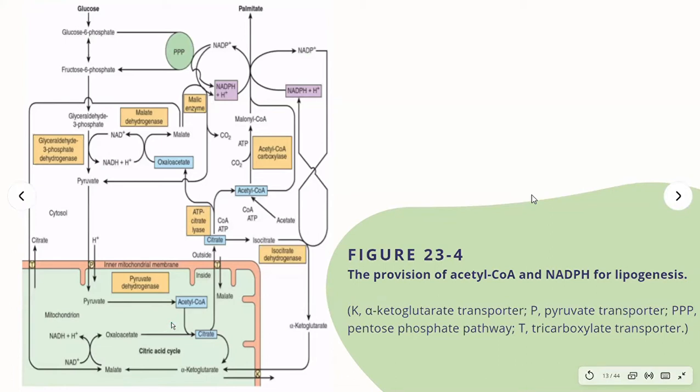Now remember, in your citric acid cycle, acetyl-CoA and oxaloacetate combine together to form citrate. Now, there is no more CoA because that will be removed.